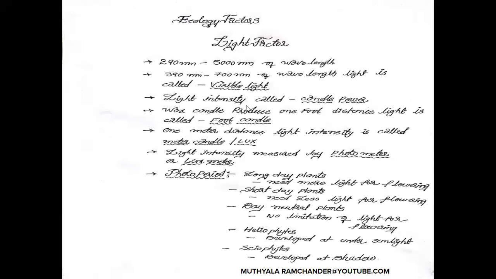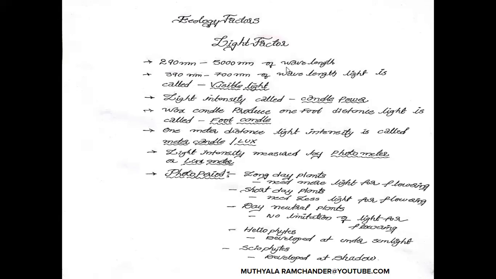See, ecological factors, light factor, mainly the light is visible. Light is measured by the nanometers of wavelength. It comes from the sunlight. We identified that 290 nanometers to 5000 nanometers of light shows different types of wavelength.